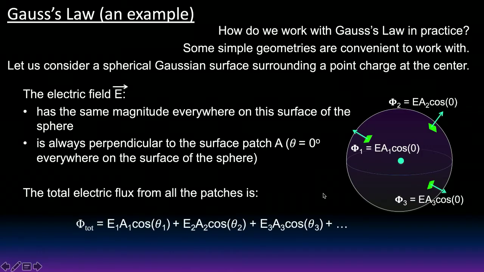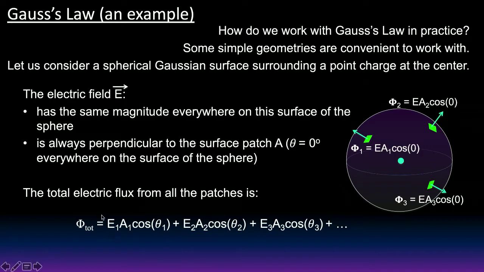So if I think originally of the total electric flux as the sum of electric flux through patch 1 plus the sum of electric flux through patch 2 and so on, as we wrote on the previous slide, then I notice that the cosine of 0 is just equal to the number 1.